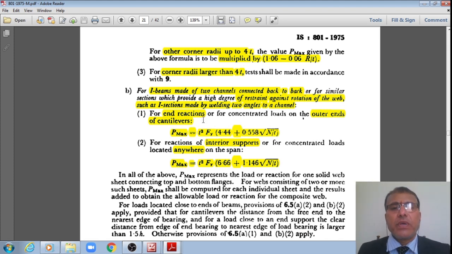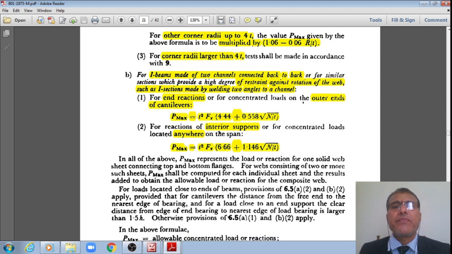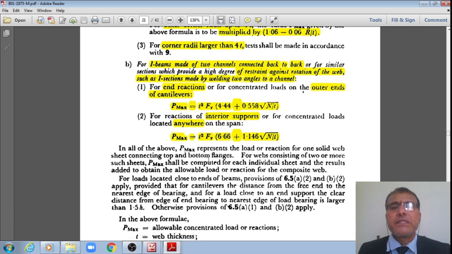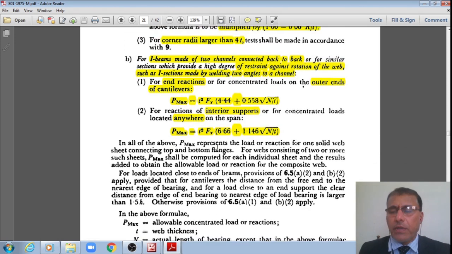Then first one, the end reactions or concentrated loads on the outer ends of the cantilever, then P maximum is equal to t square Fy multiplied by 4.44 plus 0.558 square root of n by t, right? The second one is for the reactions of interior supports, for concentrated loads located anywhere on the span, then P maximum is equal to t square Fy multiplied by 6.66 plus 1.146 square root of n by t, right?